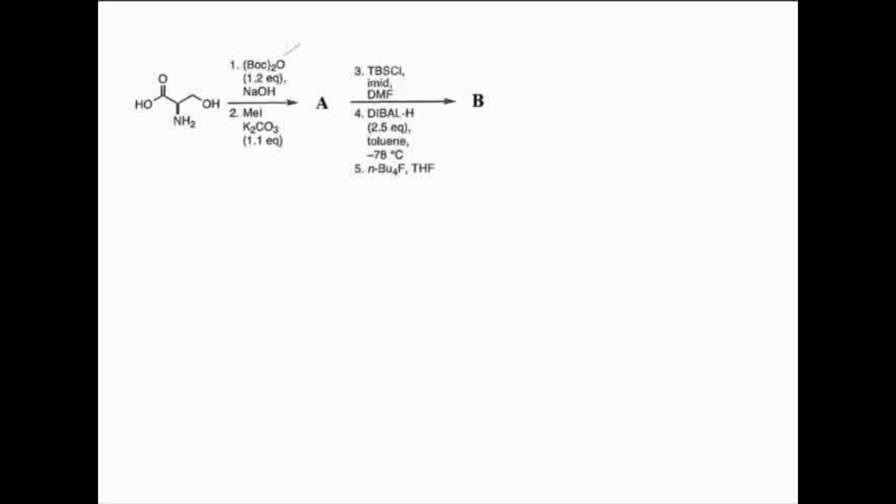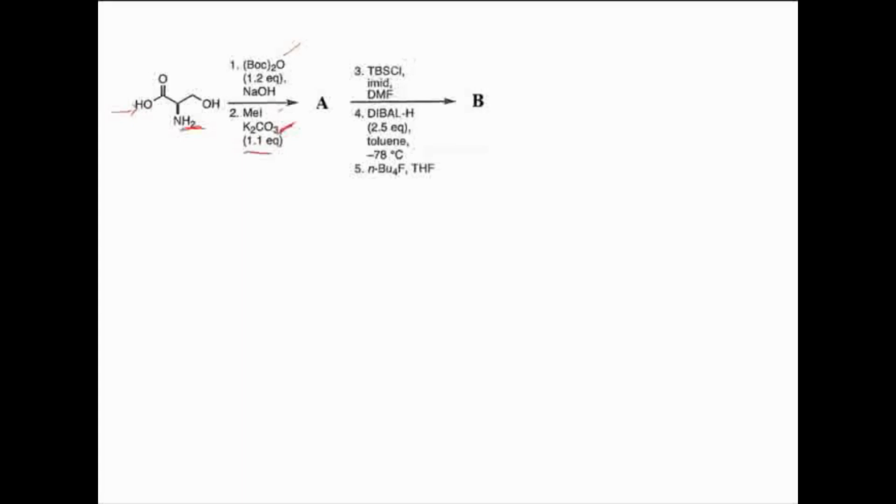This Boc2O is the protecting group for amine. Next, methyl iodide in the presence of a base protects. We are using only one equivalent, so it protects only the carboxylic acid as ester. If you use excess, then this OH group will also be methylated. The third step, we are using tertiary butyl silyl group.